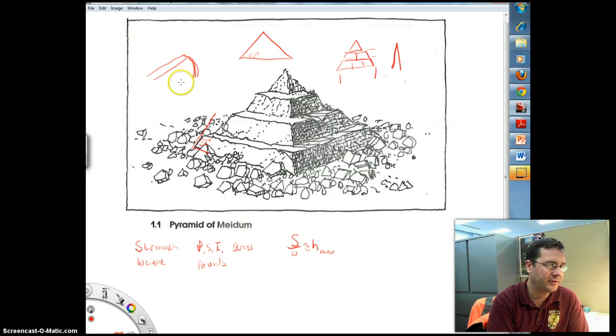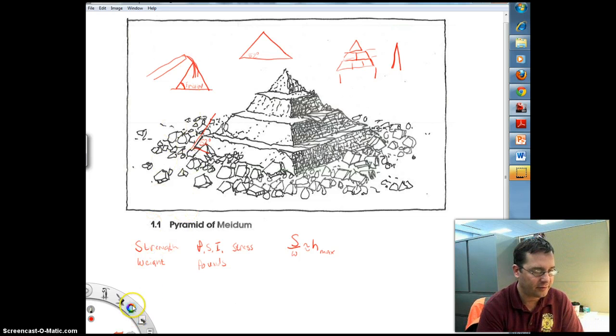Now, if that material is, let's say, damp clay, the walls of this pile are going to be awfully steep because damp clay is sticky. Or another way to think of it is the walls of this pile are going to be awfully steep because there's a lot of available friction between the particles of damp clay. And in fact, we call this angle, the angle of the side of the pile, friction angle. And it's determined purely by the amount of friction available in the soil.